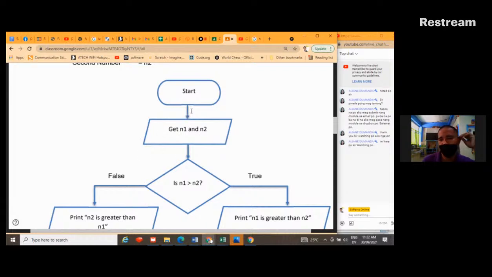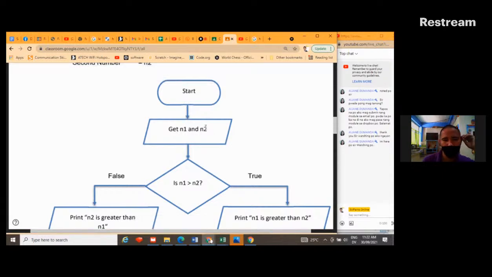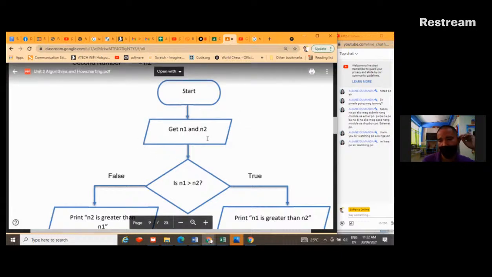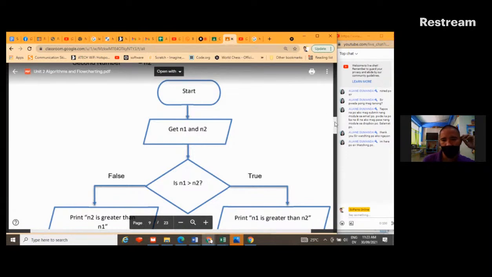By the way, I forgot to include the flow line. This is the flow line. This is the terminal. This is input and output, and in this case the function of this symbol is input. The word Get means an input.